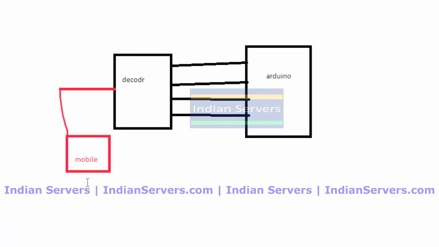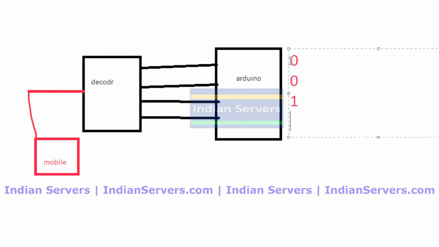So if we press 2, we will get 0010. So at this time our robot should move forward.